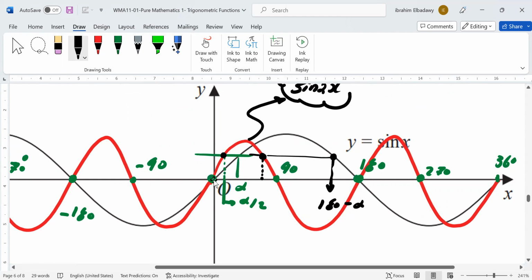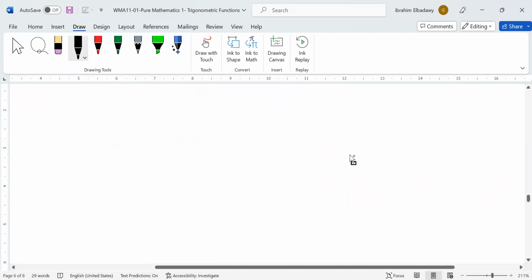So sine alpha equal to b becomes alpha divided by 2 for the red color. What about the second point? Instead of 180 minus alpha, it will be divided by 2 to be on the red, because any value for the red color should be divided by 2. So you have 2 different solutions here, one at alpha over 2 and one at 90 minus alpha over 2. This is the last question.